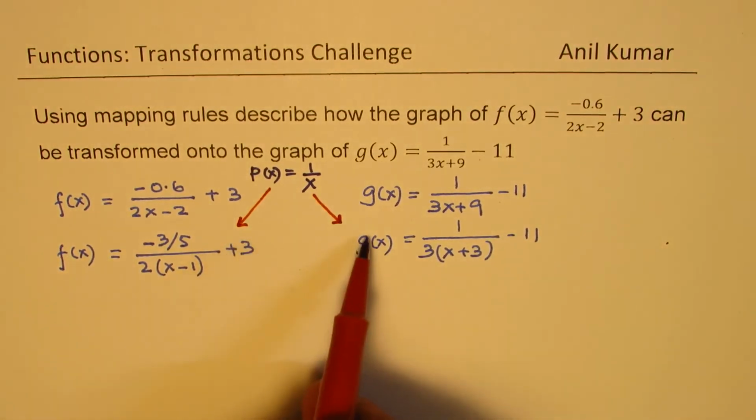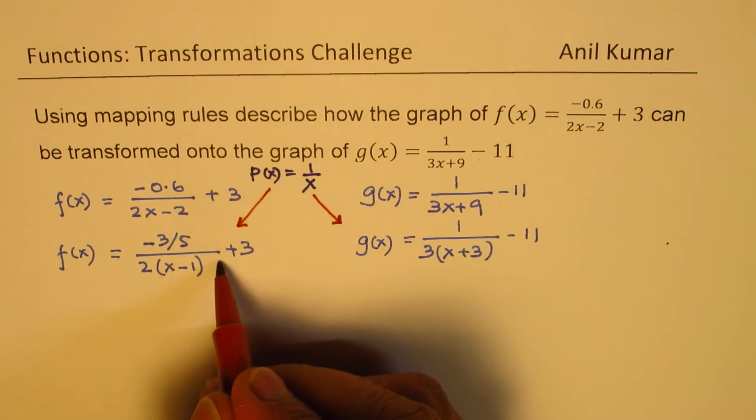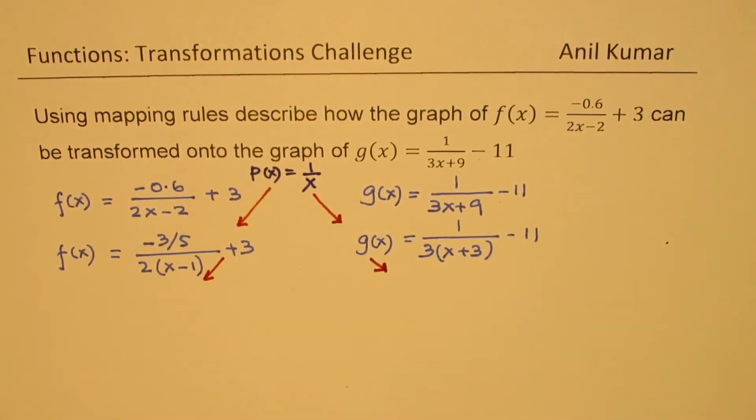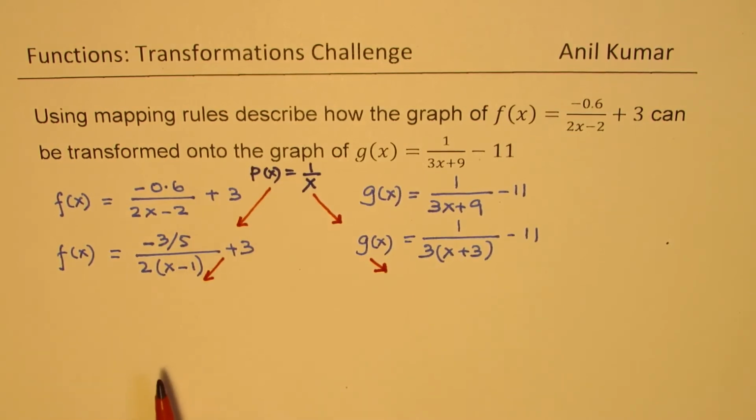To relate them, it is a good idea to see how they are related to the parent function. That is critical to understand. Once we do this, we have something in common, and then we can write the mapping diagram. Otherwise, it could be very tricky. So I hope you understand this part, right?